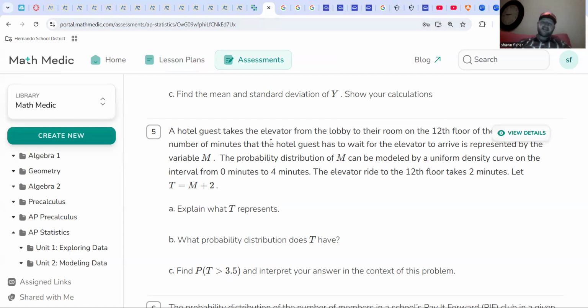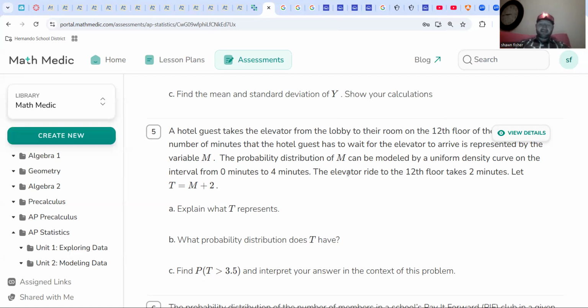A hotel guest takes the elevator from the lobby to their room on the 12th floor. The number of minutes they have to wait for the elevator is represented by M. So M by itself is the number of minutes it takes to wait for an elevator to come down. M can be modeled by a uniform density from 0 to 4.